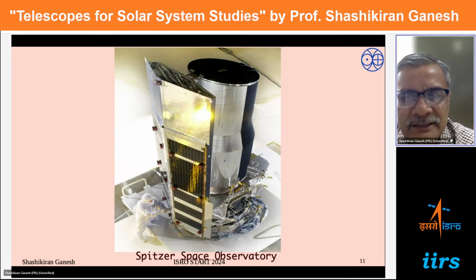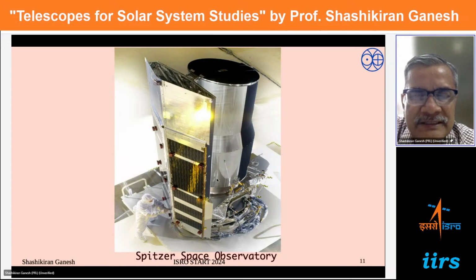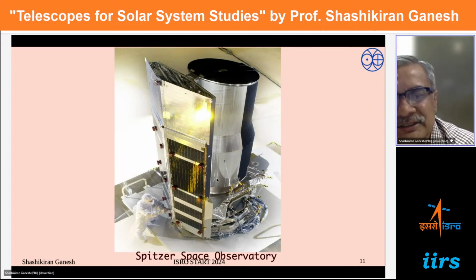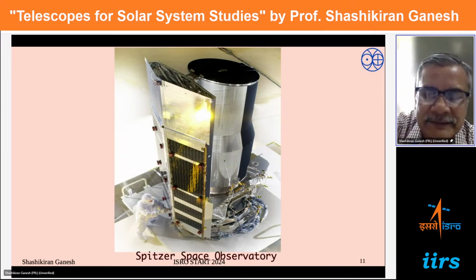This was also a cryo-cooled observatory with a large mirror and cooled imagers, spectrographs, and so this is the instrument which made a lot of images of the night sky at near to mid-infrared wavelengths, and there are some fantastic images if you go and look up the GLIMPSE survey of the Milky Way, for example.